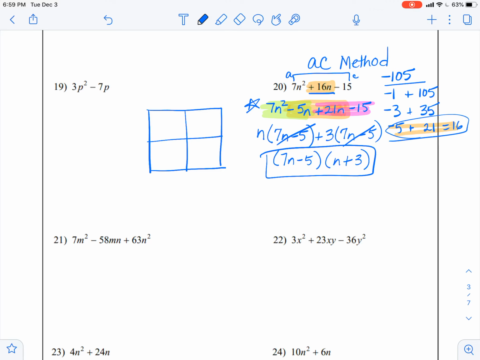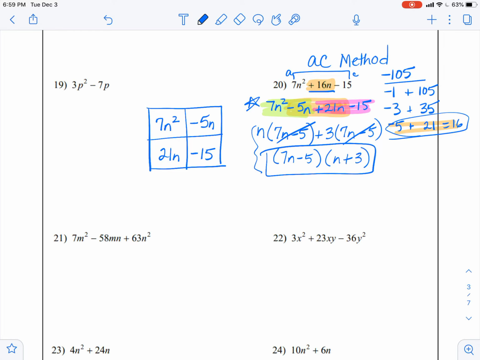So once we get to this step, because some people have trouble with this, you just come to your box and put in what we just have. It really doesn't matter the order, except that I personally always put the square in the first corner and my constant down here and then my 2 n's, which is how it ended up when we foiled by the box method.